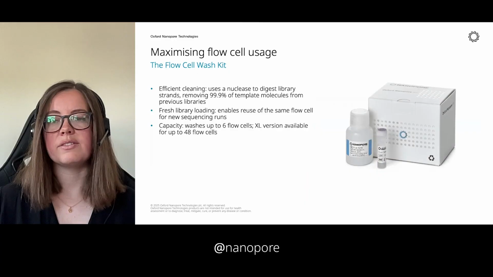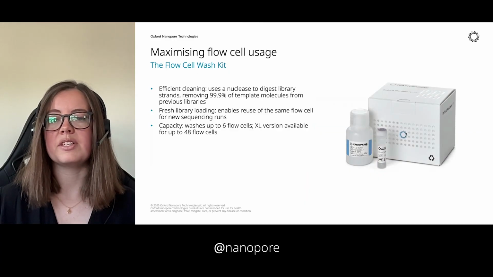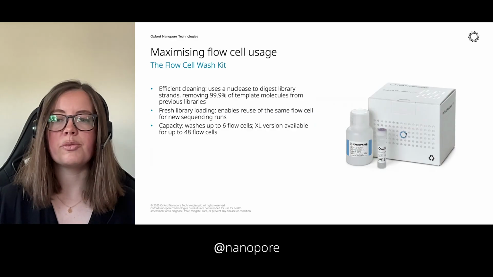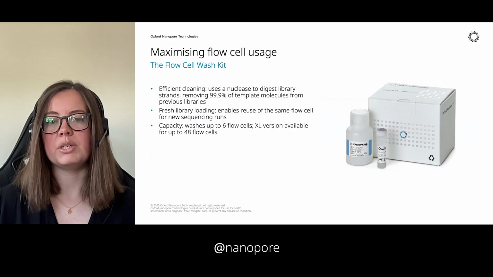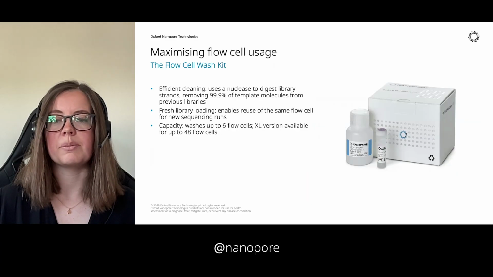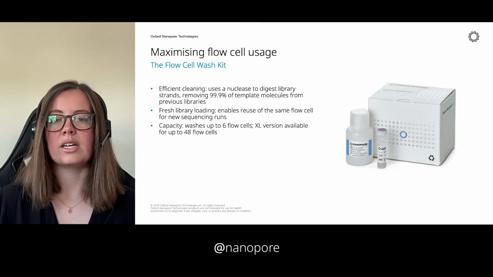Once you have generated sufficient data from your plasmid samples, you also have the option to stop the sequencing run, wash the flow cell, and reuse it for a fresh sample. This is performed using the flow cell wash kit, which uses a nuclease that digests 99.9% of the library. You can then choose to move straight onto a new library and start another sequencing run, or prepare the flow cell for storage, ready for another run in the future.